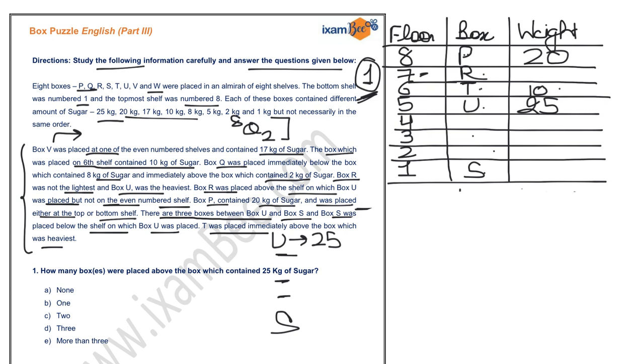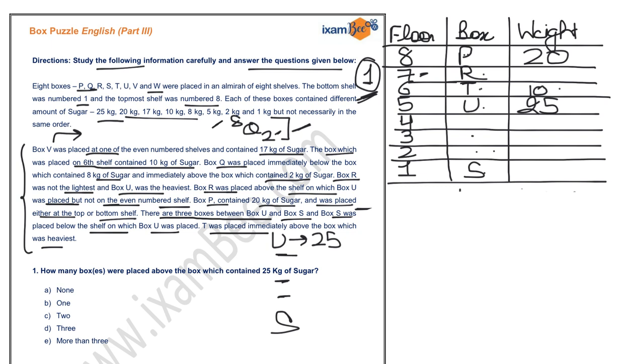Now if you read this particular hint that your box Q was immediately below the box which contained 8 kg of sugar and immediately above the box which contained 2 kg of sugar. Now as per this condition, you can place Q either at position number 3 or at position number 2.